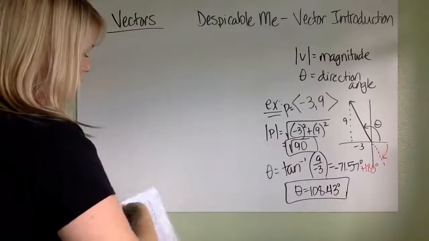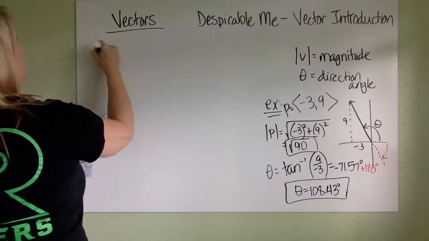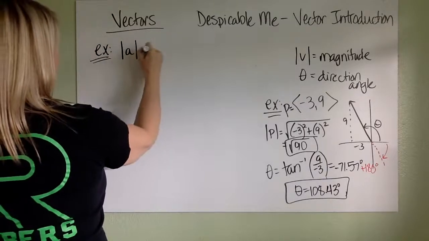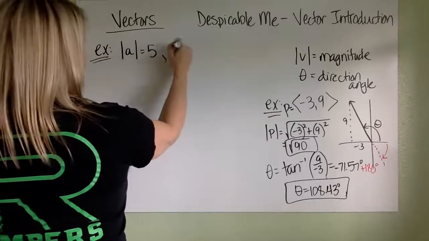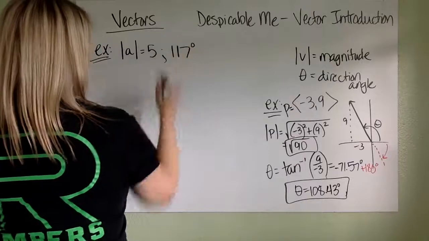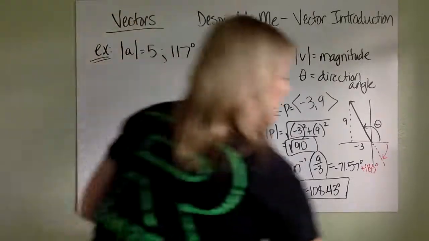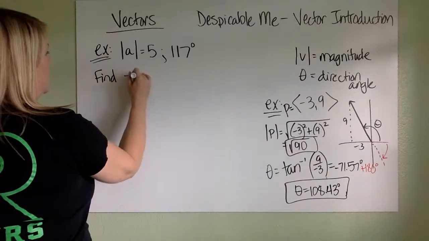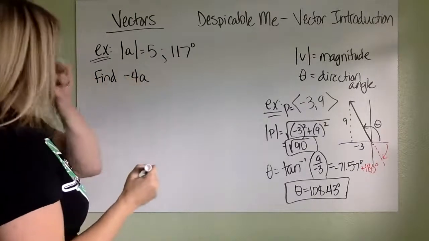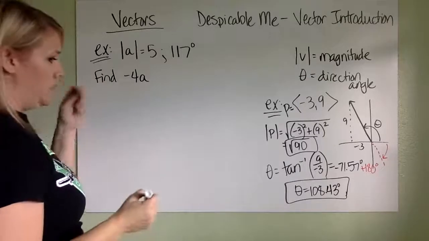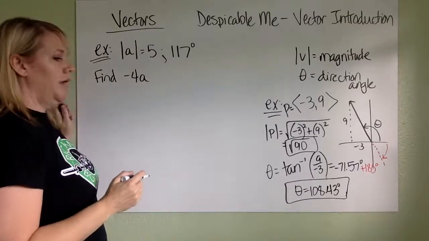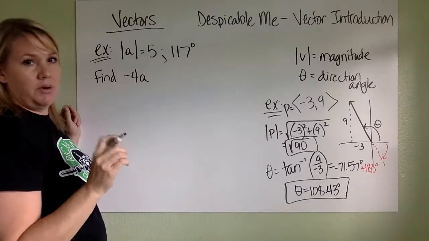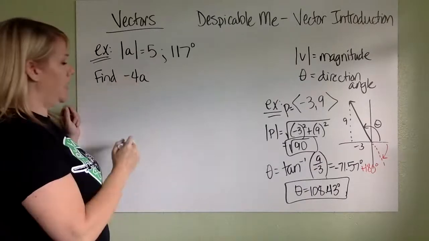Okay, so if they give me the magnitude of A, which is 5, and the direction angle of A, which is 117 degrees, and ask me to find -4A, they're going to ask for the magnitude, the direction angle, and the component form of negative 4A.